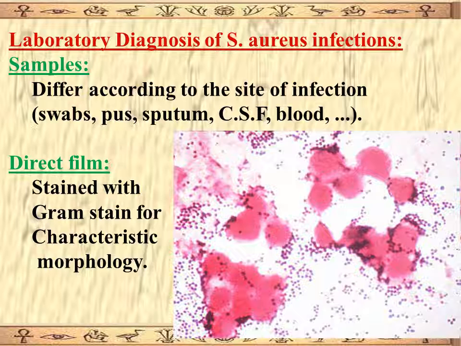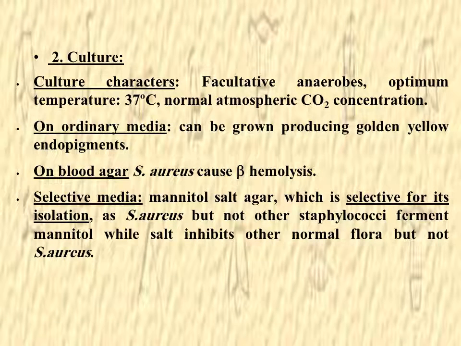By staining with Gram, we can see these are the cells in the sample, and these are the staphylococci, which are characterized by being gram-positive cocci arranged in clusters, non-motile, non-sporing, and capsulated with a slime layer or microcapsule.